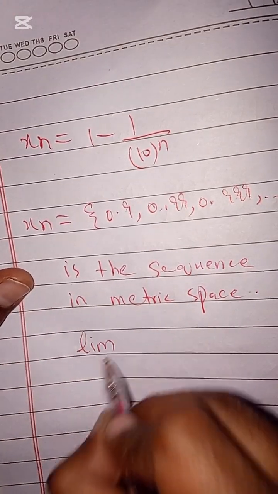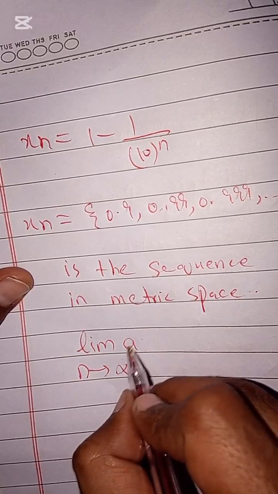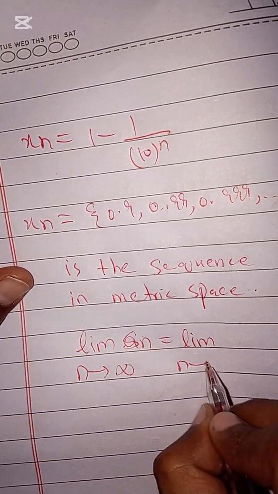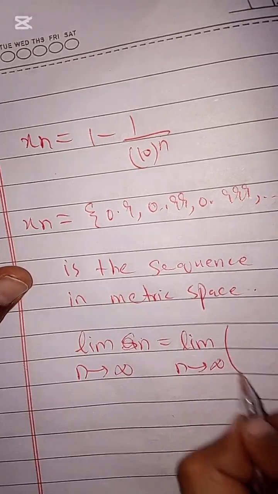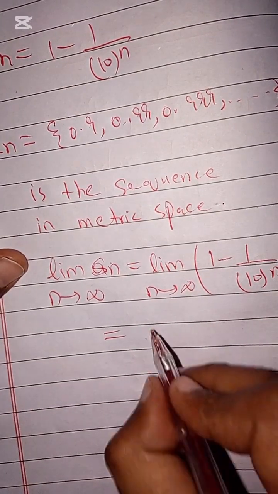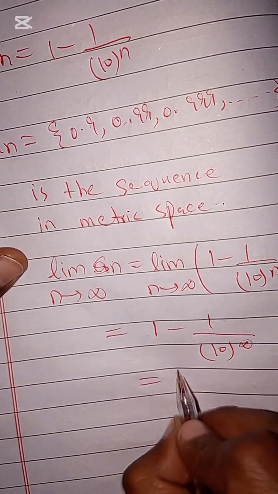Let's apply the limit on its nth term, as n approaches infinity, of 1 minus 1 over 10 power n. If we apply the limit, this will be 1 minus 1 over 10 power infinity, which will be 1.